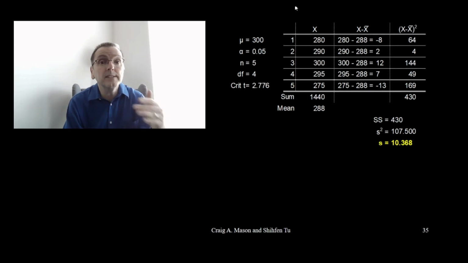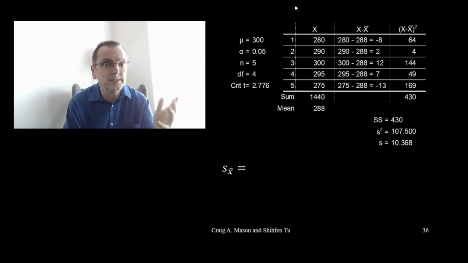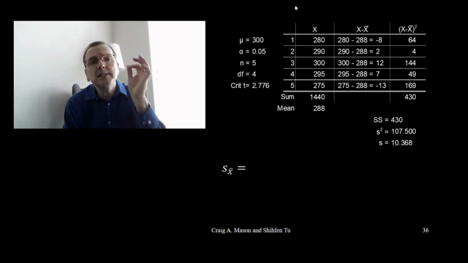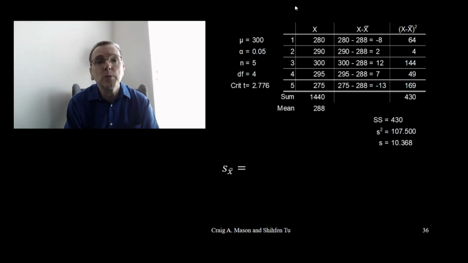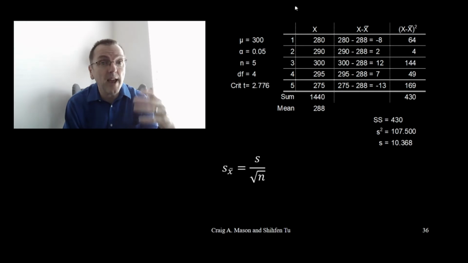We abbreviate the standard error of the mean as S sub x bar. That's just a way of saying it's the standard deviation S of means x bar, which is what it is. So the standard error of the mean is equal to S, the standard deviation, divided by the square root of the sample size n.